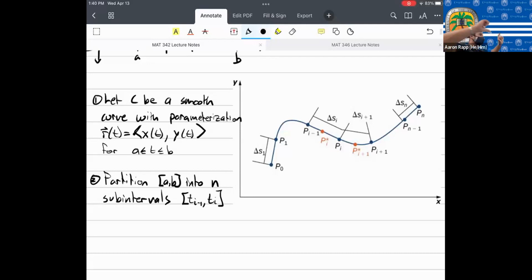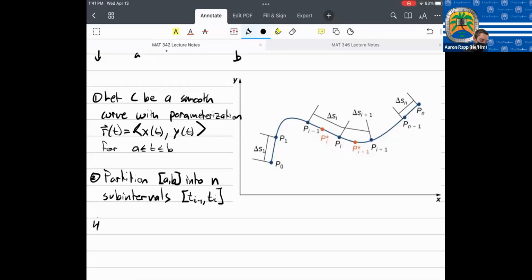So this independent variable, I partition it up just like what we were doing before, even with single dimensions on the x-axis. It's now on the t-axis. And then in each one of those subintervals, we're going to pick a particular point, point Pi along that curve.